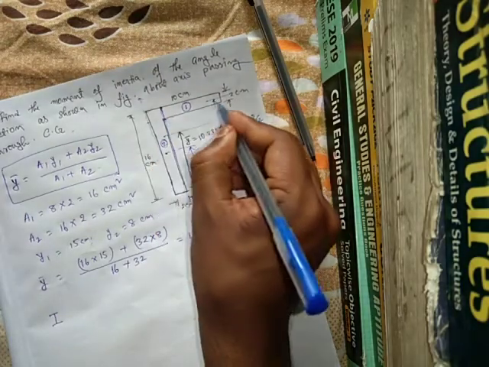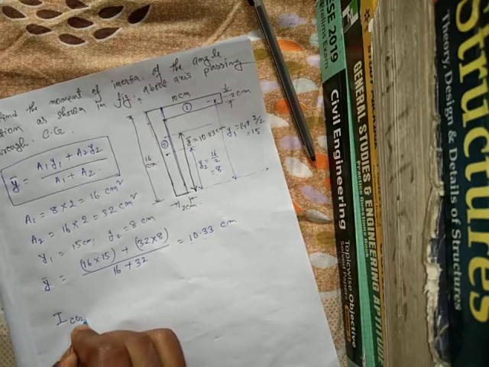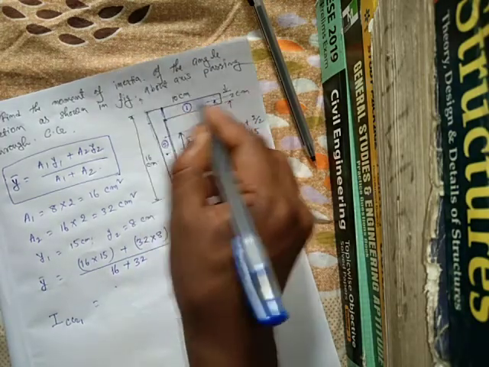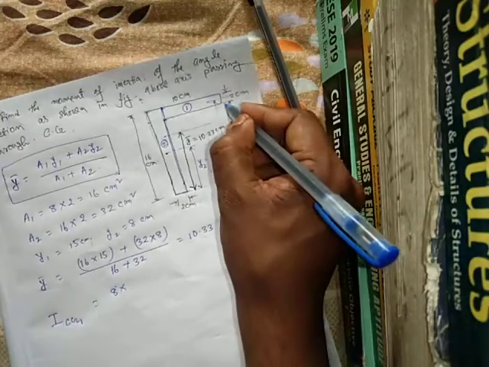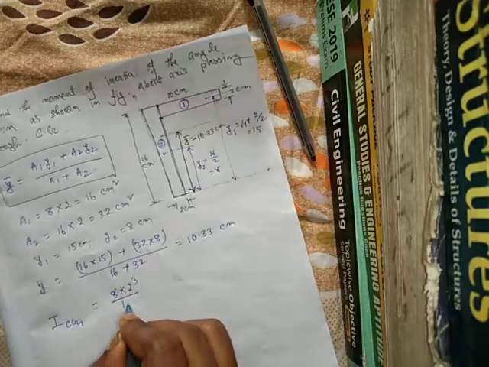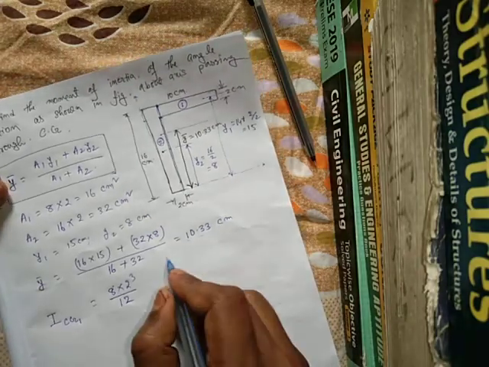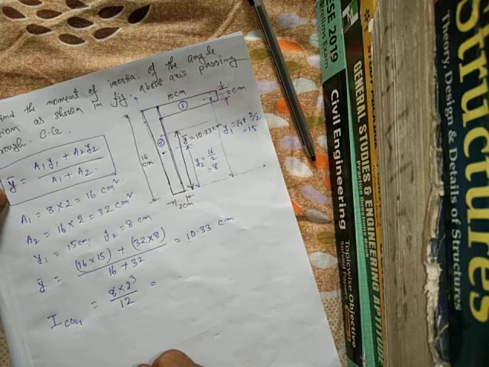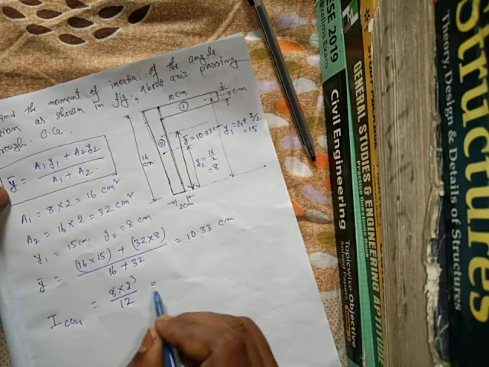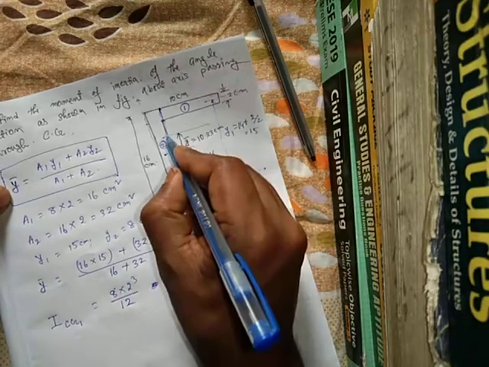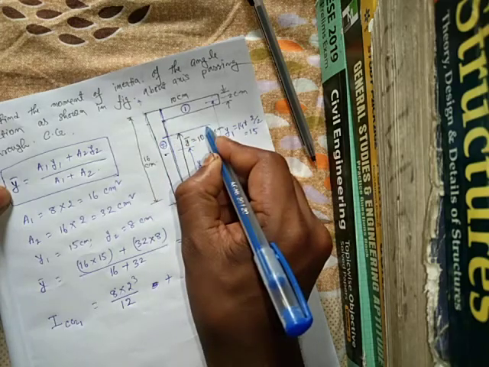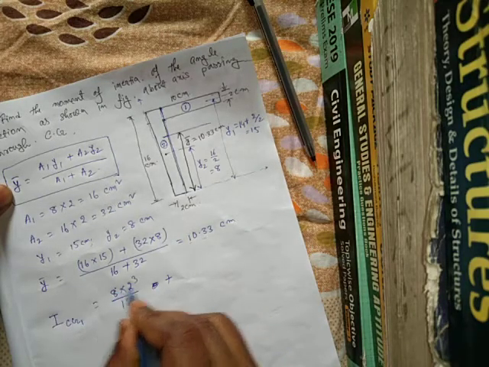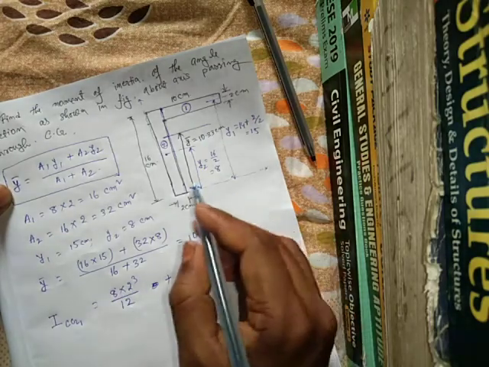This is the rectangle part. ICG1 equals B into D cube divided by 12, where B is 8 and D is 2, so 8 into 2 cube divided by 12, using the parallel axis theorem.